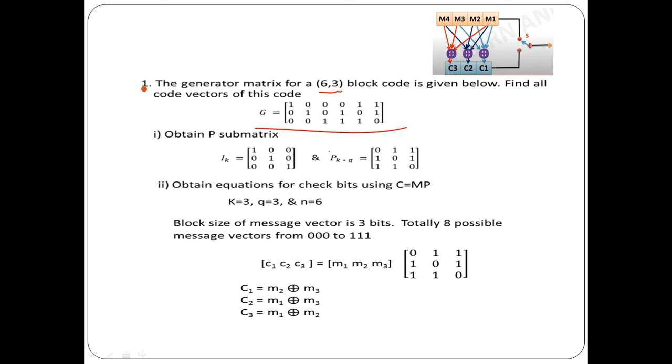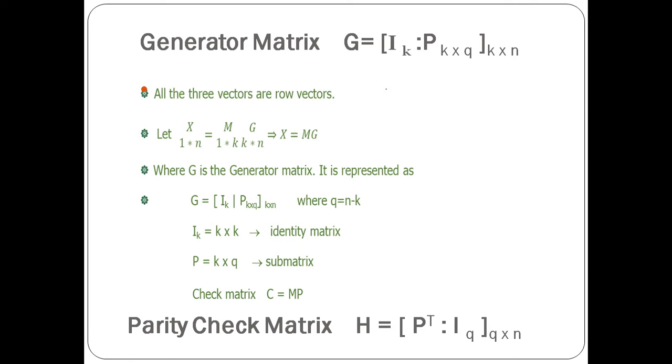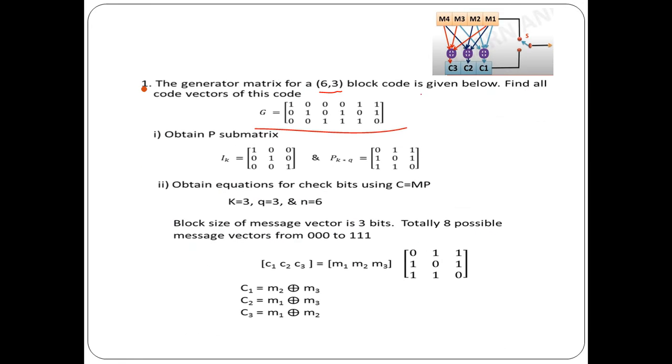The generator matrix is given. Like I said, the generator matrix has the format of two submatrices, Ik and P of size k cross q. If you see this one, this is an identity matrix of size 3, so I3, 3 cross 3. Then we can say that there are three message bits.